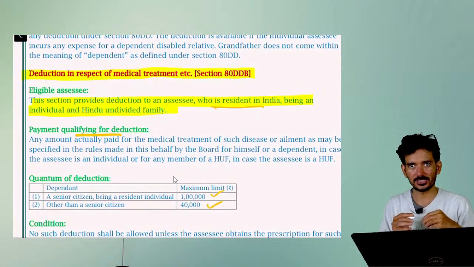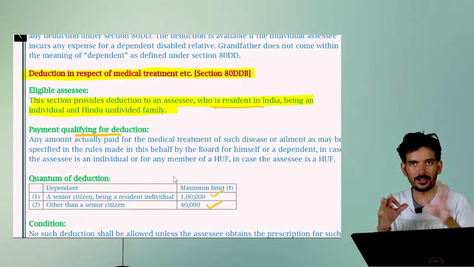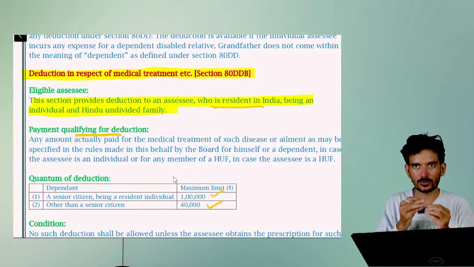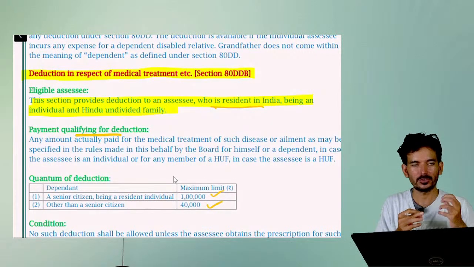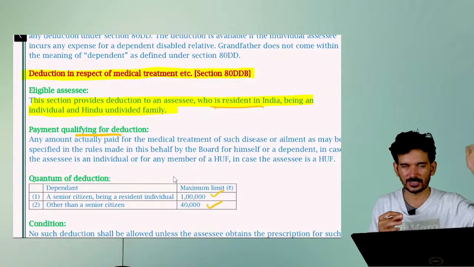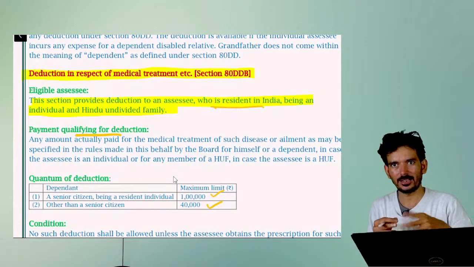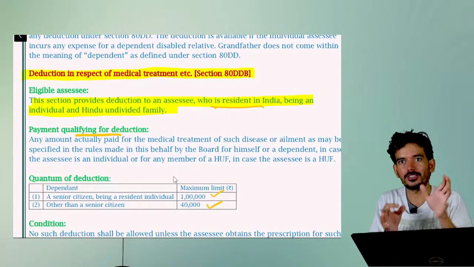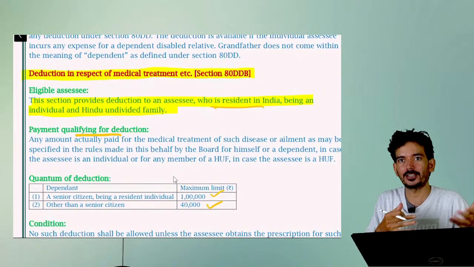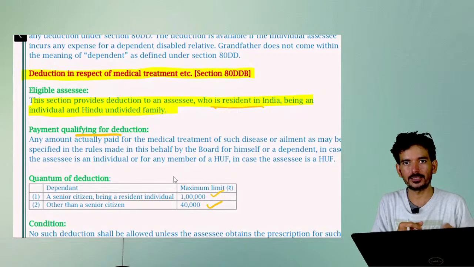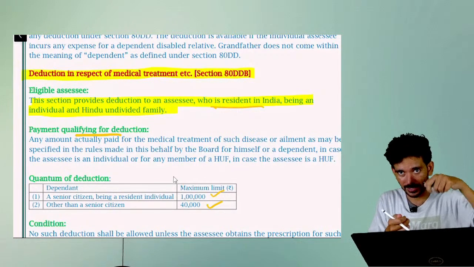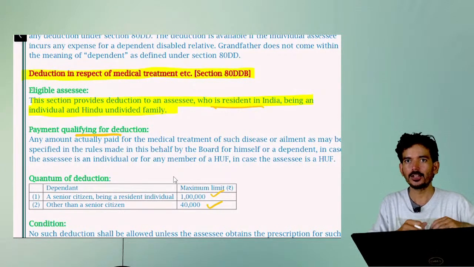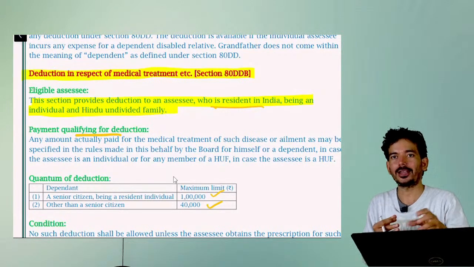Even I don't remember the specified diseases. We have to go and check it in practice. If someone comes and says they are trying to claim it under 80DDB and have a certificate from their doctor, on the basis of the certificate you will give that 1 lakh or 40,000.